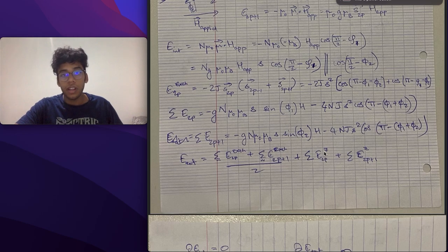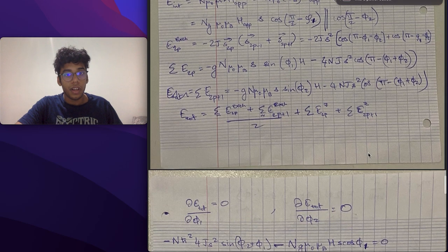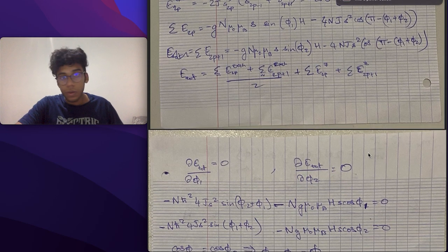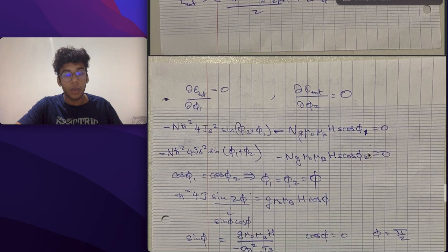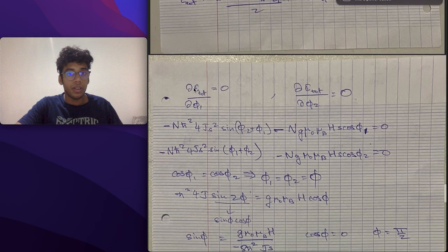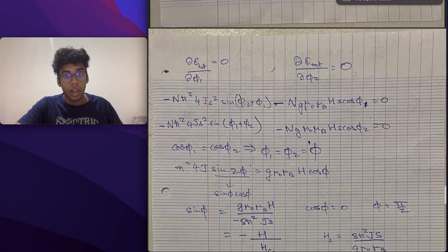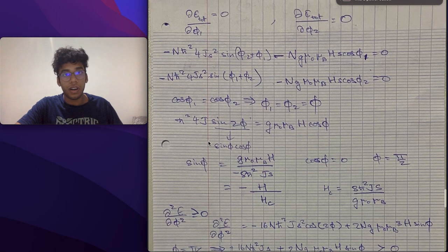And then the magnetic energy contained by each odd atom, and then each even atom, along the z-axis. So now what we do here is basically we try to figure out the derivative with respect to phi1 and with respect to phi2, and we find out that it is equal to 0.